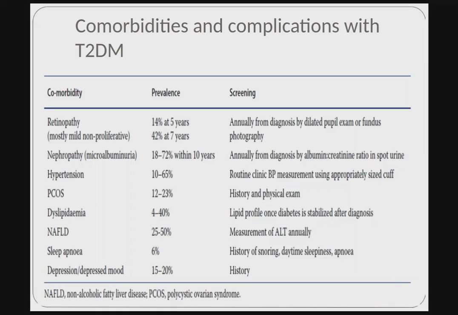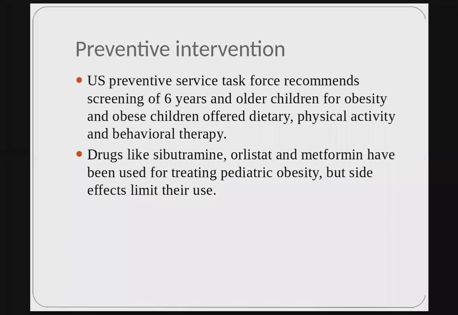If they are screened and one offers dietary advice, physical activity, and behavioral therapy, it tends to prevent it. Routine screening can help in early diagnosis and prompt treatment. Drugs like sibutramine, orlistat, and metformin have been used for treating pediatric obesity, but side effects limit their use.